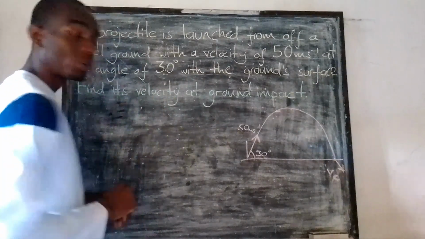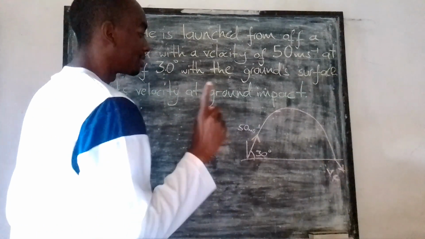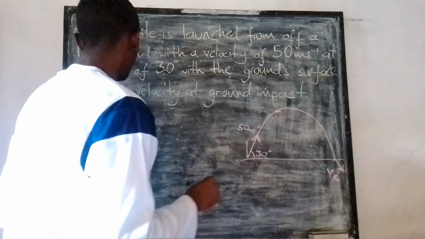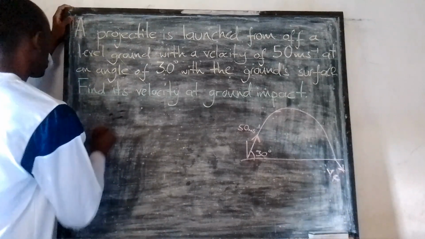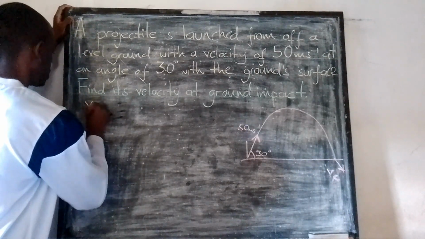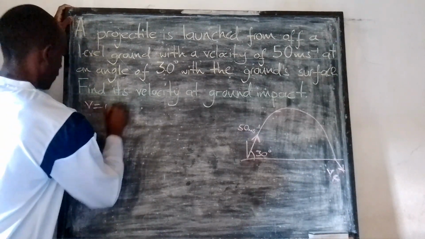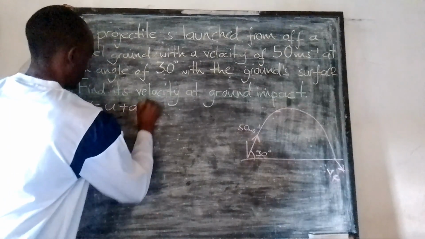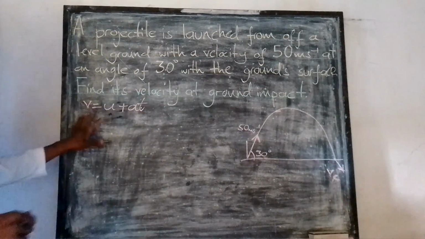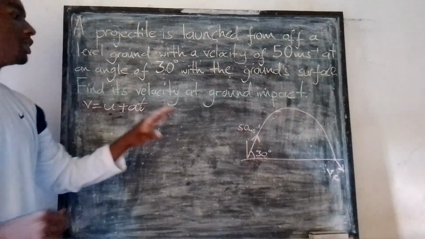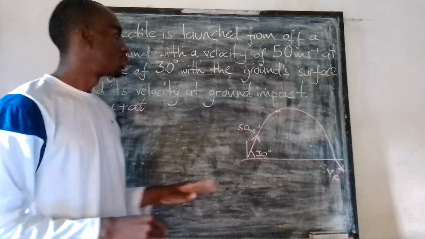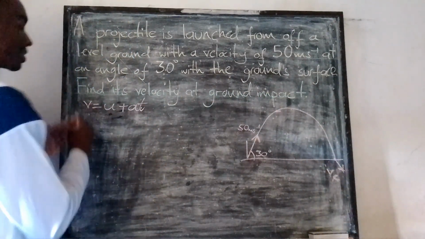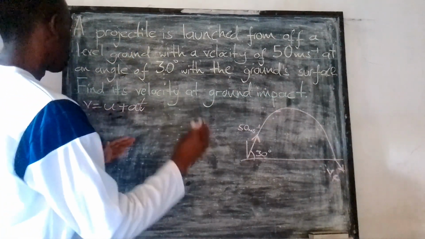So the first thing we have to do is find the time of flight. Why am I saying this? I'm saying this because I'm going to be utilizing this equation of motion in order to answer this question. So the first thing we have to do in this case is find the time of flight.